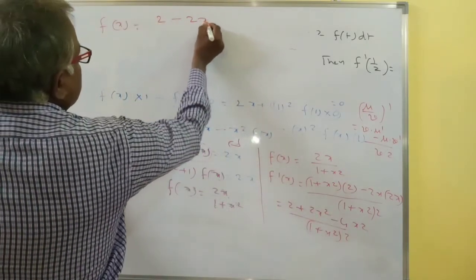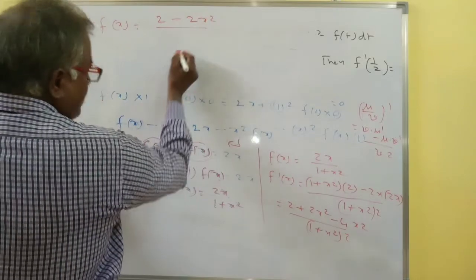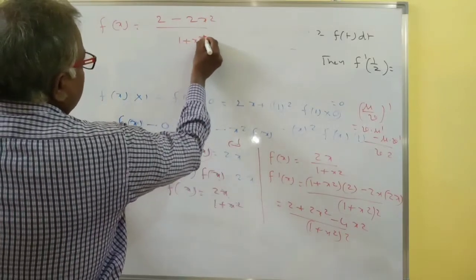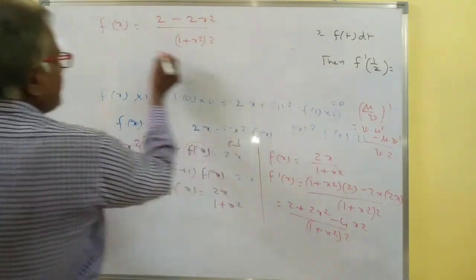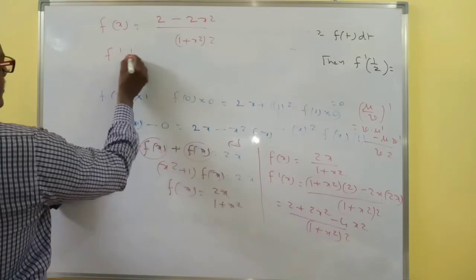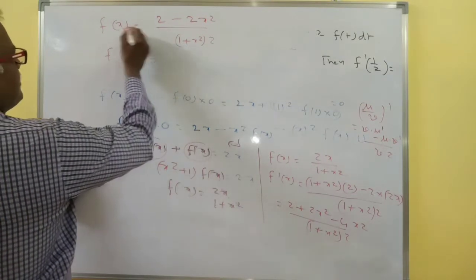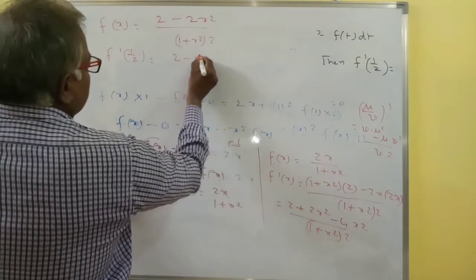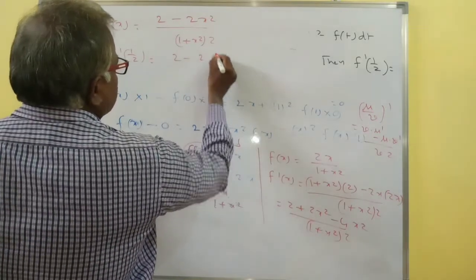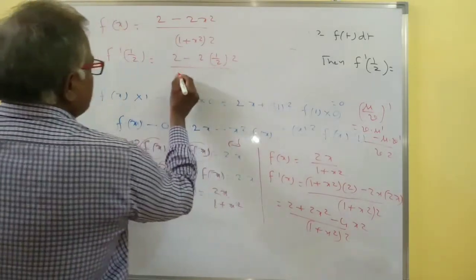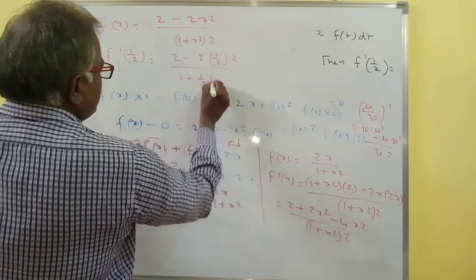So it is 2 minus 2x square divided by 1 plus x square whole square. Now what we have to obtain? F dash 1 by 2. Just put 1 by 2 in place of x. 2 minus 2 into 1 by 2 whole square, over 1 plus 1 by 2 whole square, whole square.